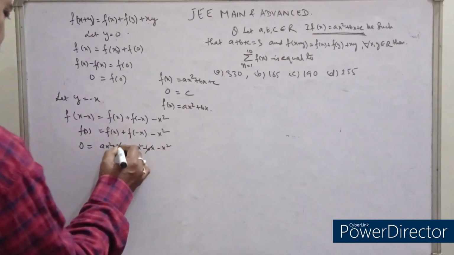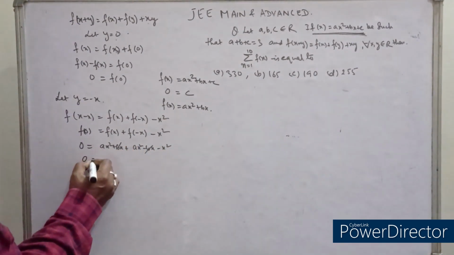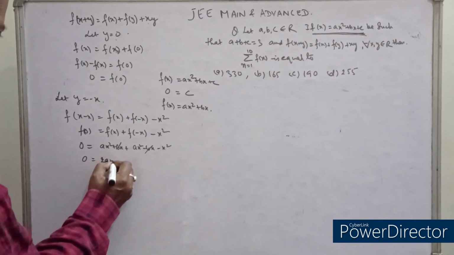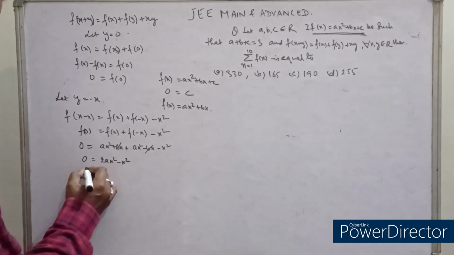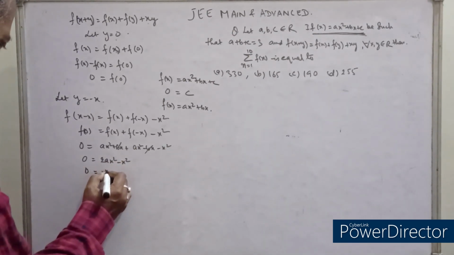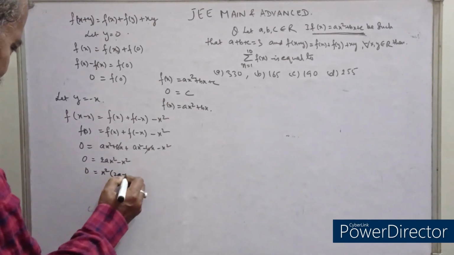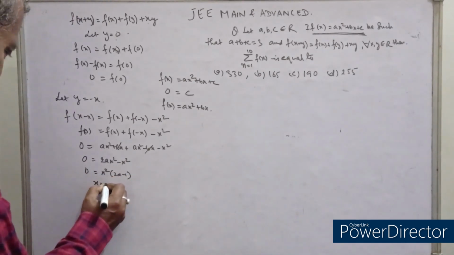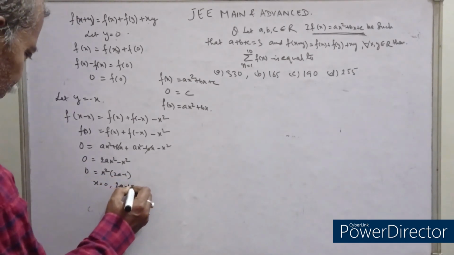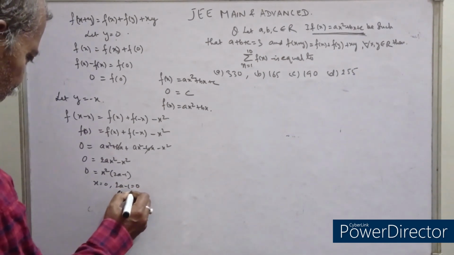So this and this cancel out. So here 0 is equal to 2ax square minus x square. So 0 is equal to x square common, so this is 2a minus 1. So x is equal to 0, or 2a minus 1 equal to 0. So a is equal to 1 by 2.